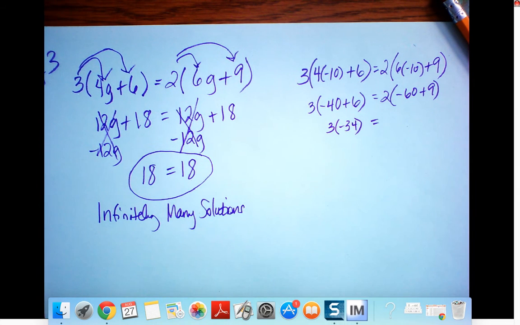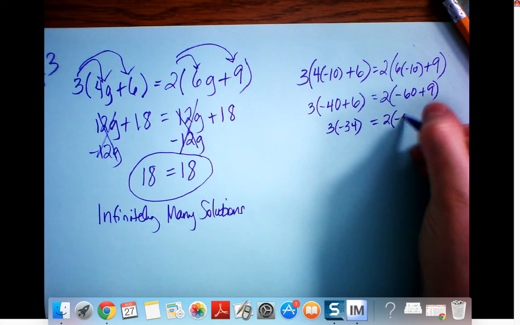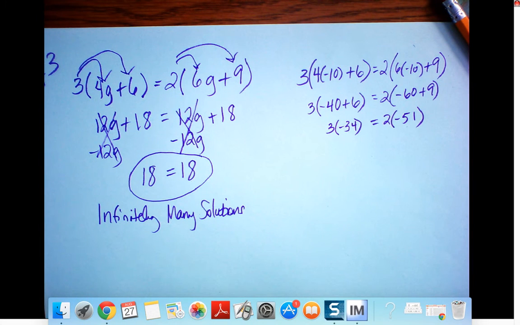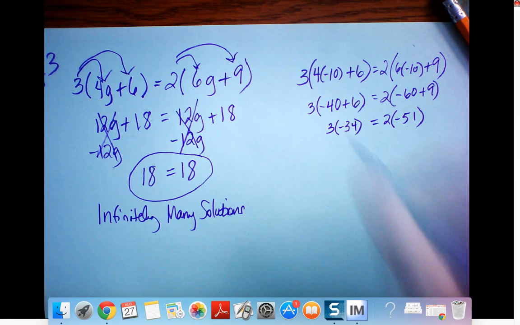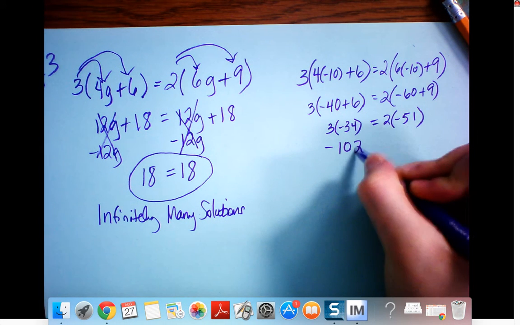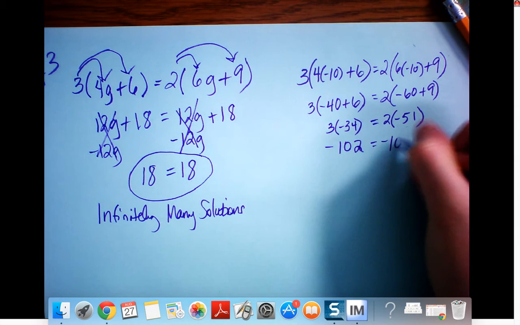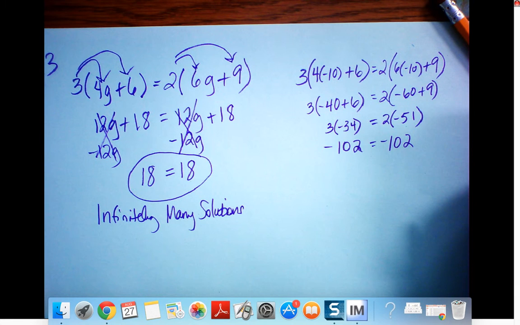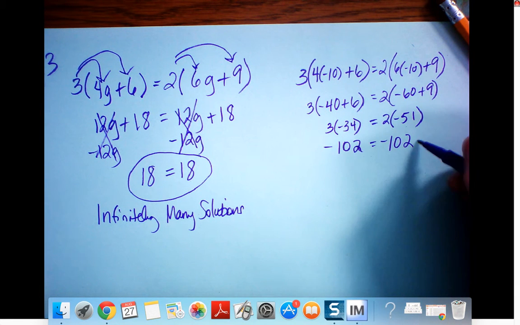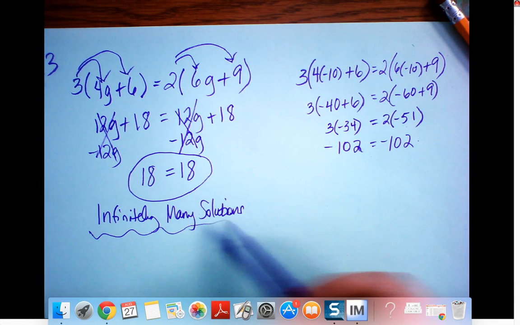Negative 60 plus 9 is negative 51. 3 times negative 34 is negative 102. And 2 times negative 51 is negative 102. So we ended up with a true statement again. And so that's why we have infinitely many solutions.